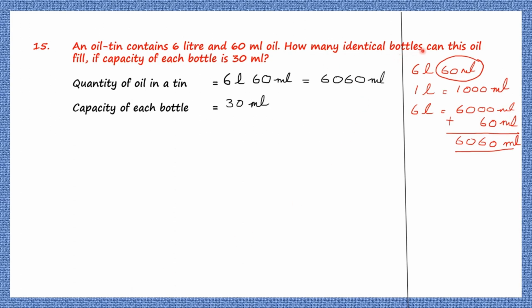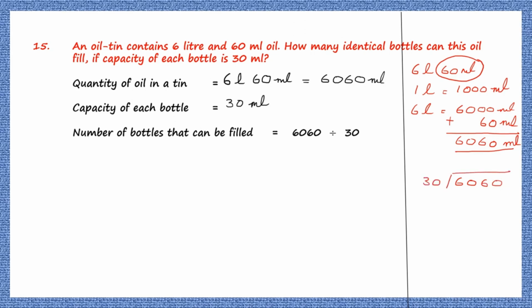Okay, now here the question is how many bottles? We're going to count the number of bottles that this oil can fill. So how do we find that? The number of bottles that can be filled will be 6060 divided by 30. So we divide these two and then we know how many bottles can be filled. So let's do that division. We have 6060 divided by 30. We're taking only the 60 first.